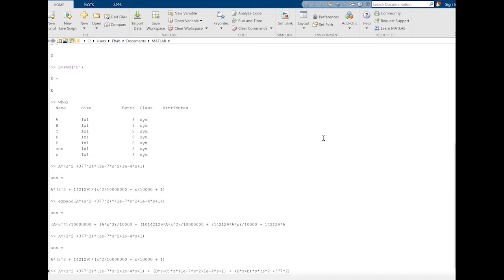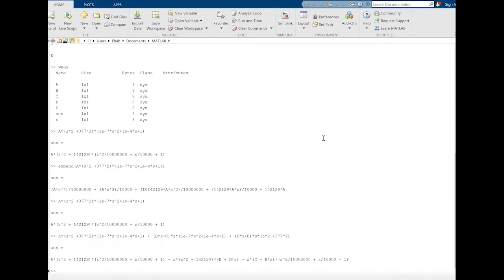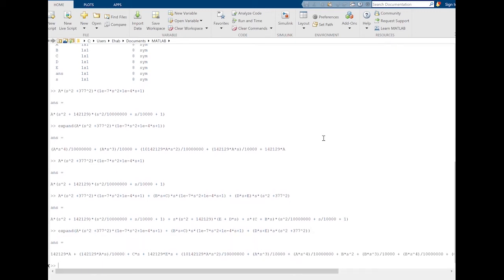Yeah. So this evaluates fine, but I want to expand it. So I want to feed it to the expand function, and I get this expanded expression.